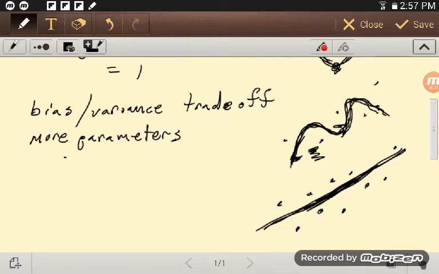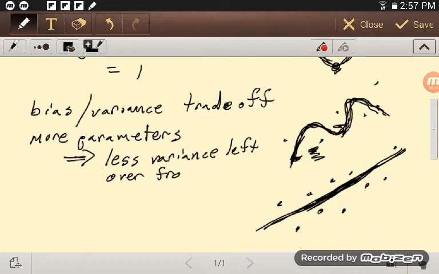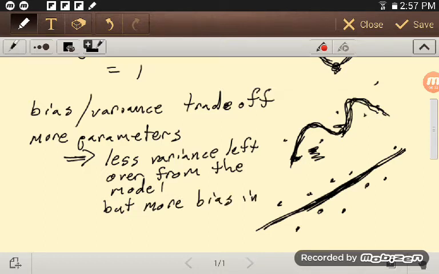Okay, what that means is less variance left over from the model. Okay, but more bias in the model.